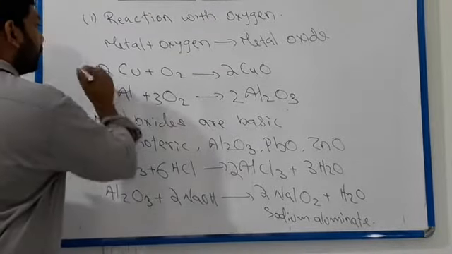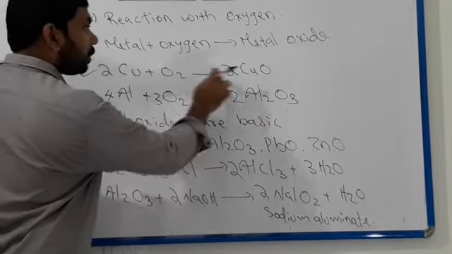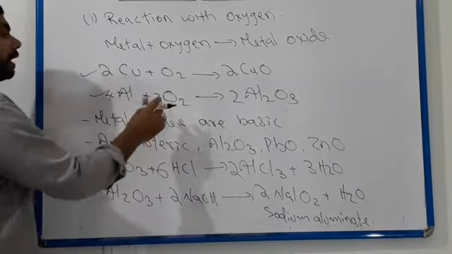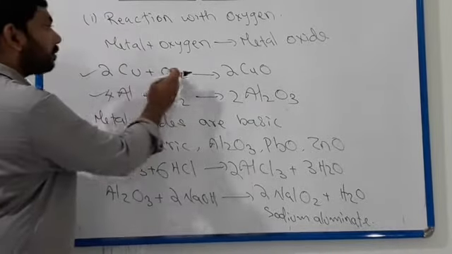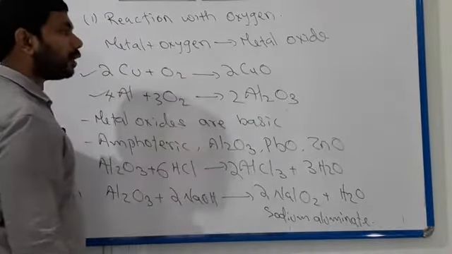Clear? Example: copper reacted with oxygen gives copper oxide. Aluminum reacted with oxygen gives aluminum oxide. So metals after reacting with oxygen form metal oxide.